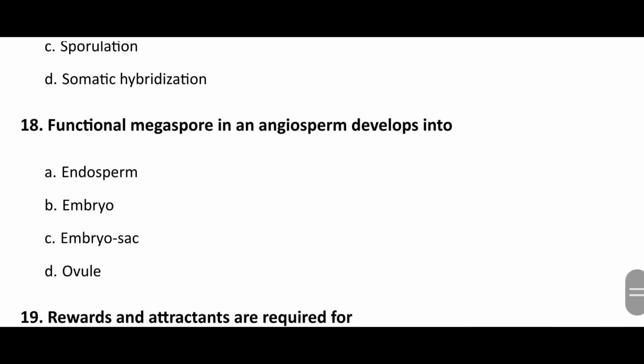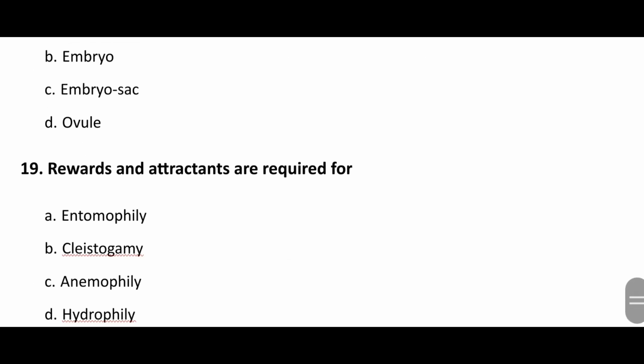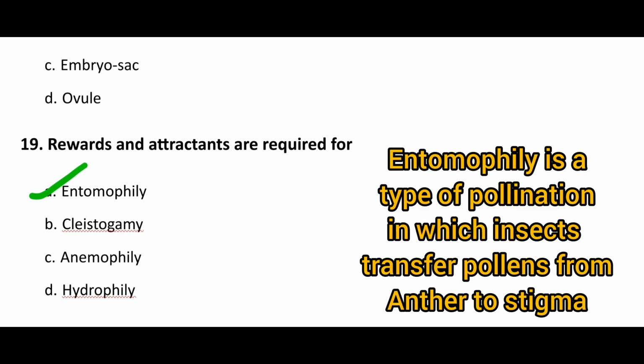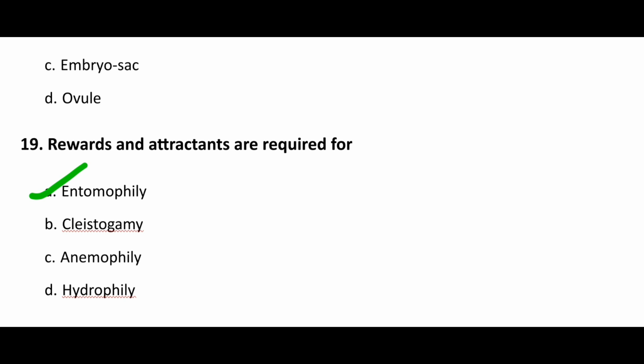Then the functional megaspore of angiosperm develops into the embryo sac. Then rewards and attractants are required. So both are required in the case of entomophily or insect pollination. Why? Because we have to provide a reward to insects so that they will visit that flower again and again, and during their visit the pollination process will occur.